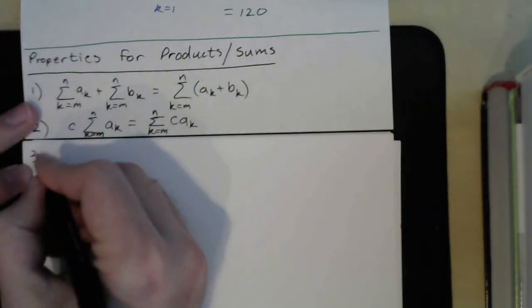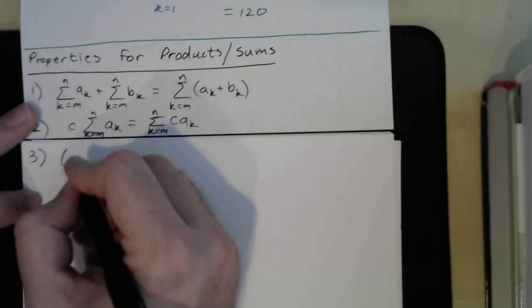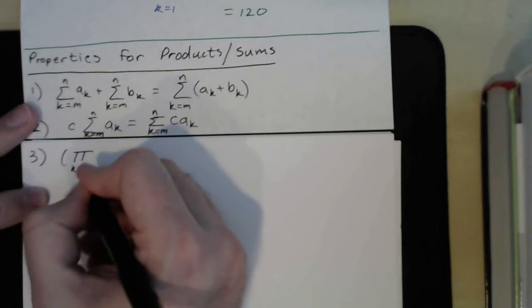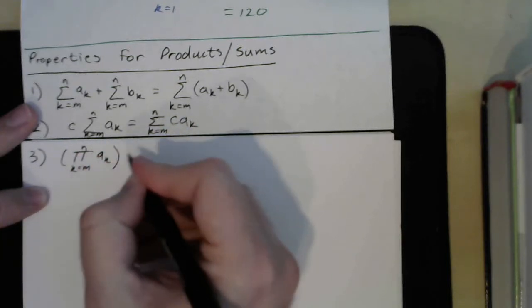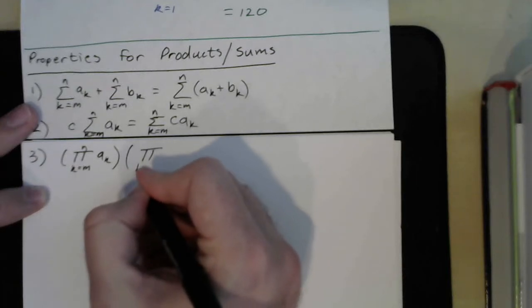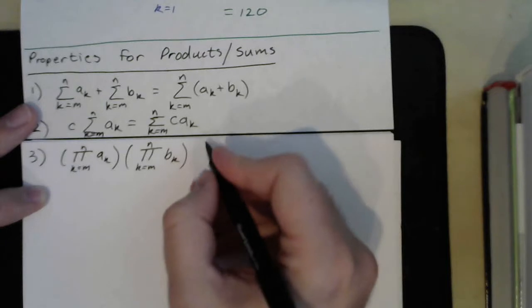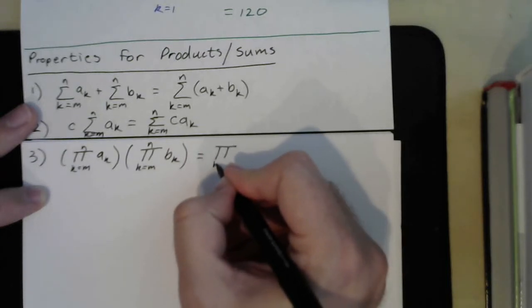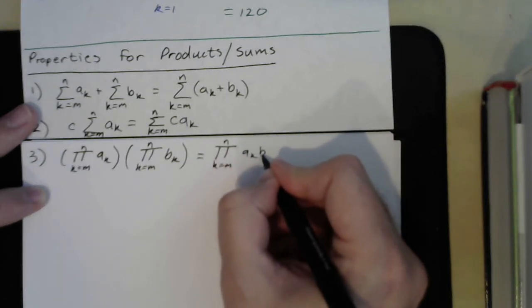So our next property is a product property. So the product from k equals m to n of a sub k times the product from k equals m to n of b sub k is equal to the product from k equals m to n of a sub k times b sub k.